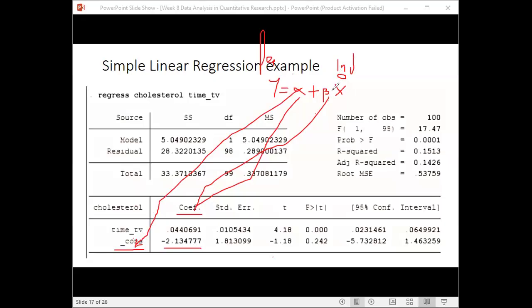And then the beta here is the other one that has been measured, this one, time_TV. That is the beta. So the regression coefficients are the alpha and the beta, and that is what is always explained or given to you in terms of the values. And now you will have to go ahead and interpret it as to how it fits into your work, right?